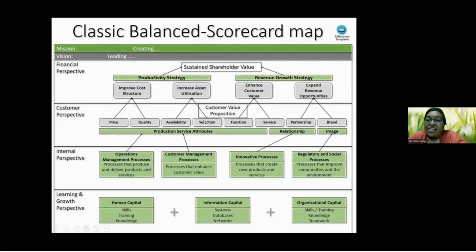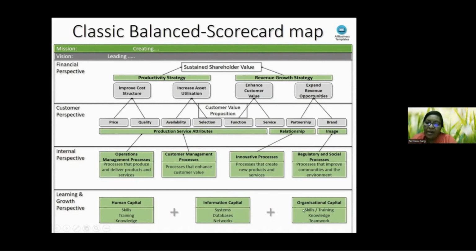Will you have a lot of selection? What kind of service? You can choose certain attributes that you want to give to the customer. Having said that, in order to provide these, what kind of internal business processes are you going to look at? That's it. A very small exercise.